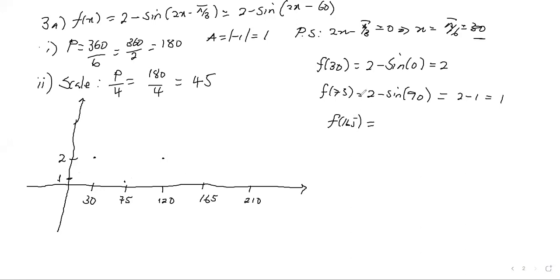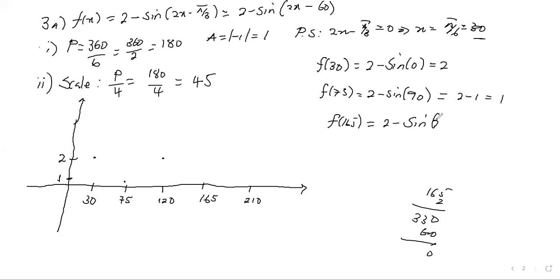165 times 2 will give us 330. So 330 minus 60 gives 270.